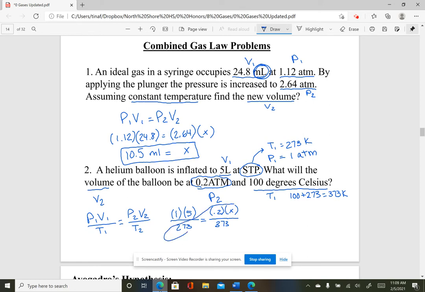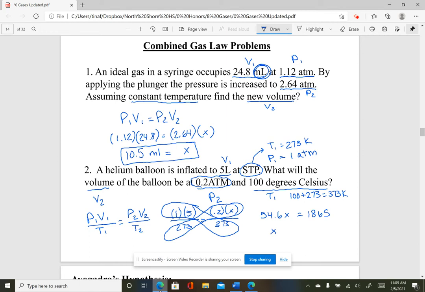You're multiplying 3 numbers together instead of 2. So 273 times 0.2 times x is 54.6x. On the other side, if I cross multiply, 1 times 5 times 373 is 1865.